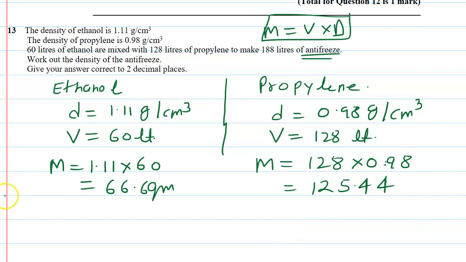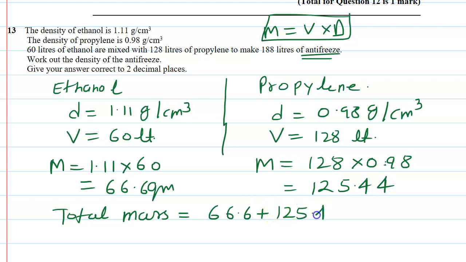So total mass of ethanol and propylene is 66.6 plus 125.44. If you add them, it comes 192.04 gram. Now density equal to mass over volume.